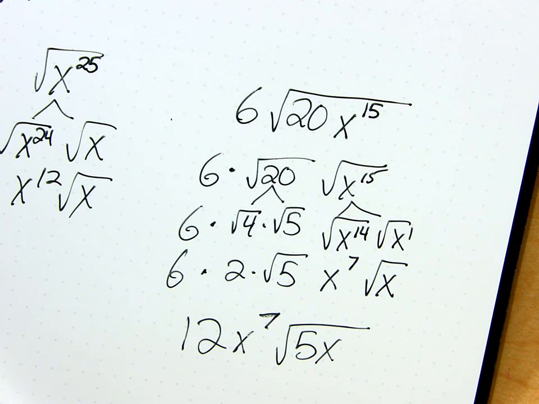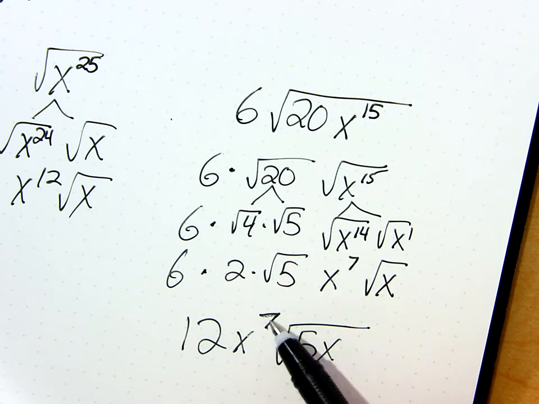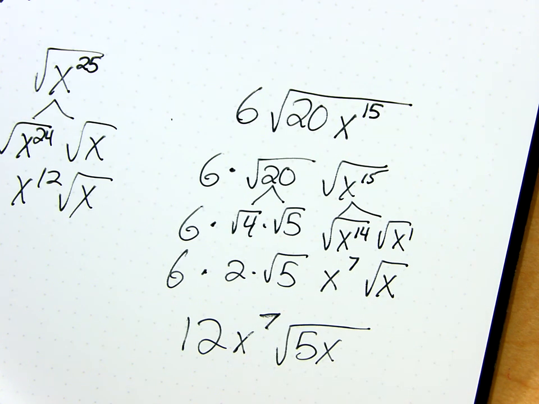So, final answers should only ever have one radical in them. You're not going to write it as square root of 5 times square root of x. You're going to put them together under one square root. So, just double check that you only have one radical. It should always be at the end of your answer. Your coefficient should be out in front. And then just any variables that you might have, just make sure they're in alphabetical order. And that's it. Okay, so let's try some of these.